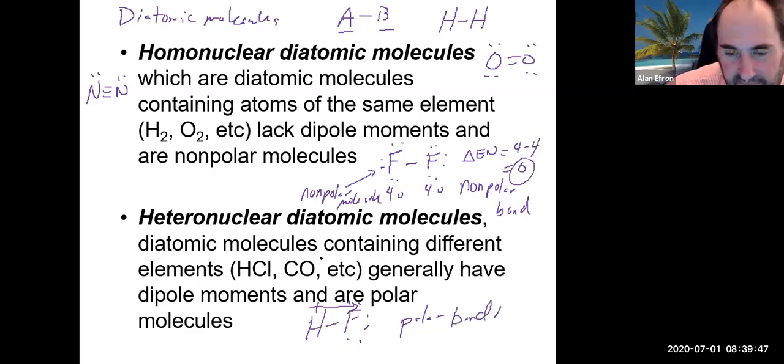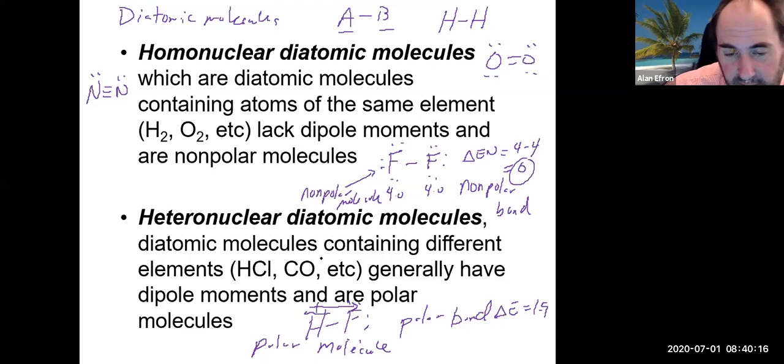Again, the difference in electronegativity is something like 1.9. Now, for the exact same logic as above, because this is a diatomic molecule and that is the only bond in the entire thing, and that only bond is polar, we know that this is also a polar molecule.